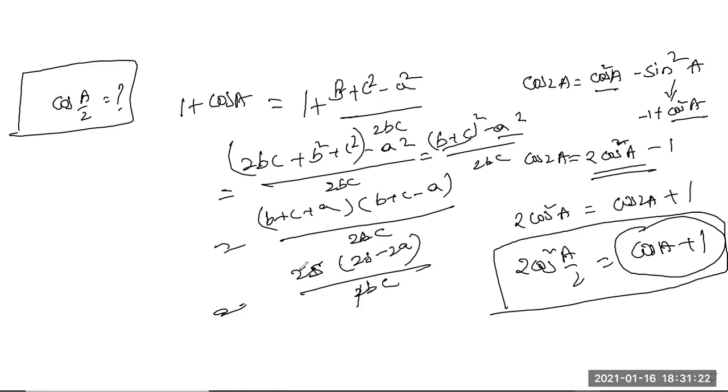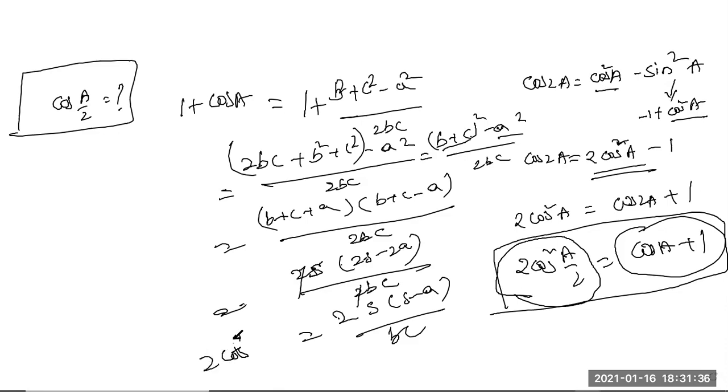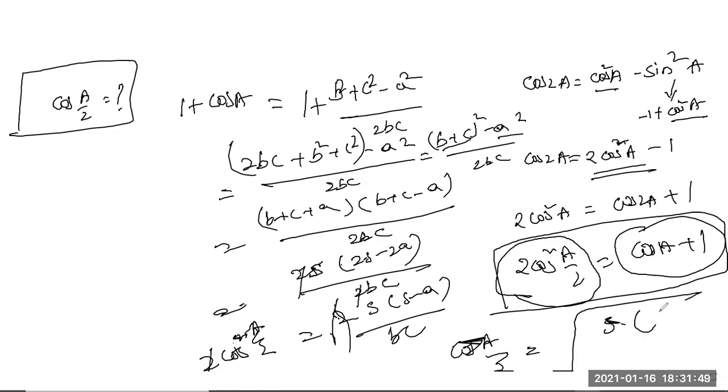So the 2s will get cancelled, and 2 into s minus a divided by bc is equal to 2 cos square A by 2. So cos A by 2 is the square root of s into s minus a divided by bc.